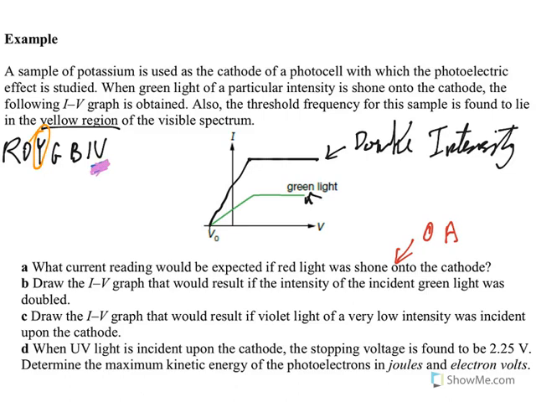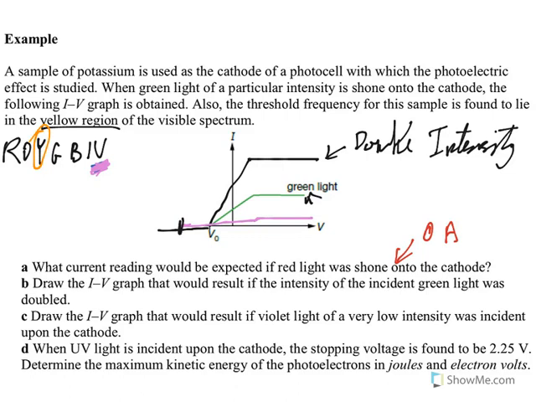Violet's quite a fair way from yellow, so it's going to have a fair bit more energy. It's low intensity, so it's going to be like there. But if it's got a fair bit more energy, it's going to take more volts to stop it. So it's probably going to end up way down here somewhere for its threshold. So we need a larger stopping voltage there.